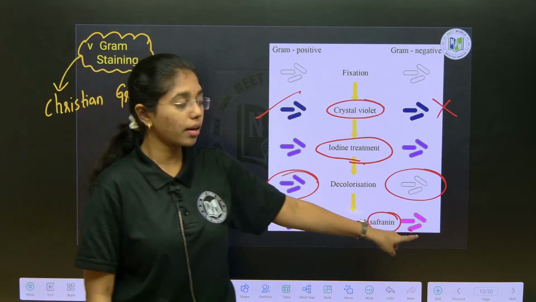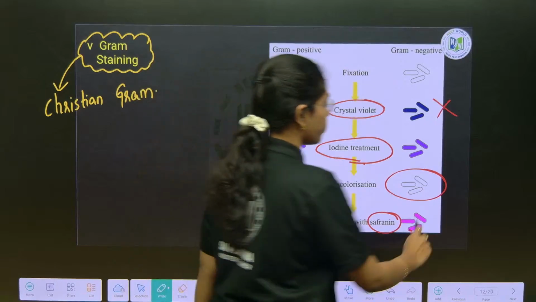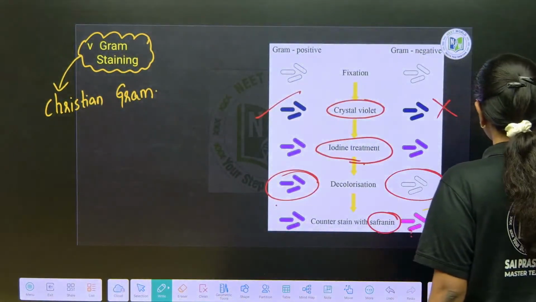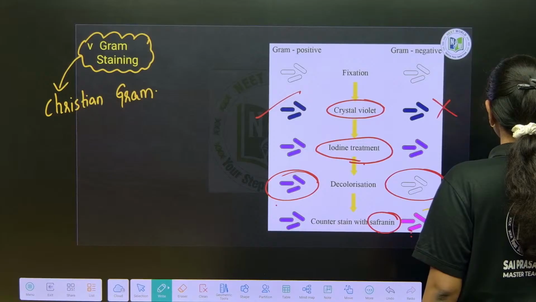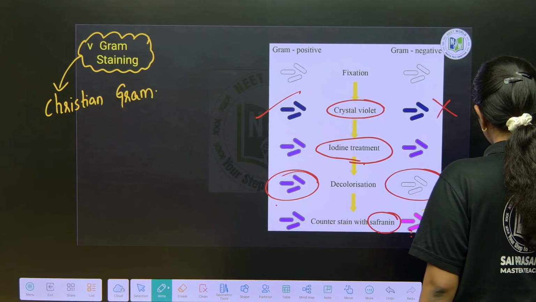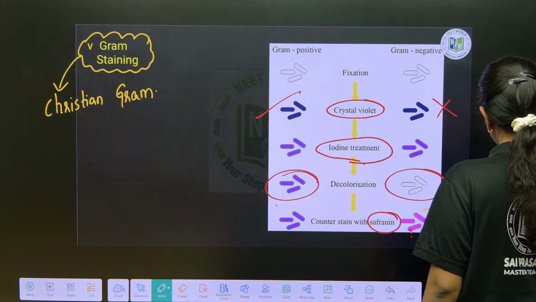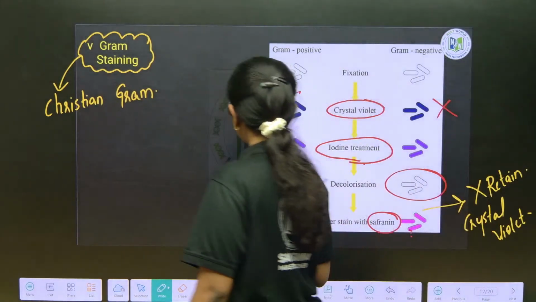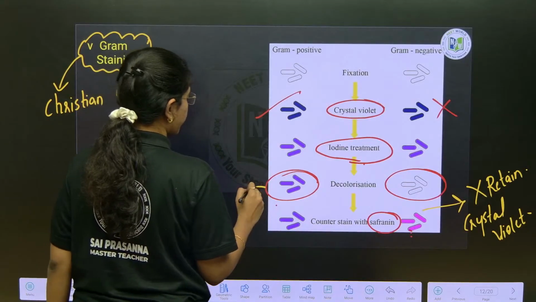Here it will not retain crystal violet, and here it retains the color.